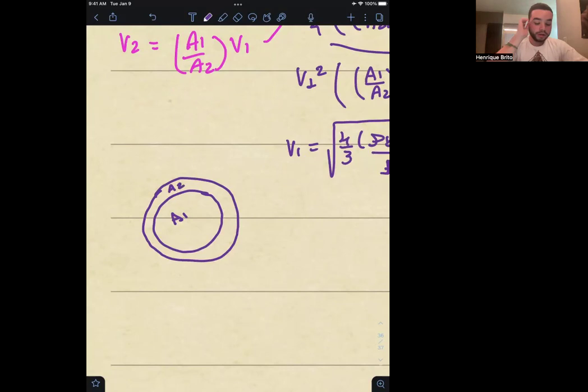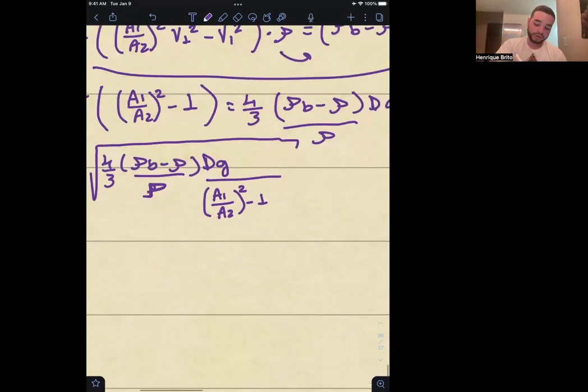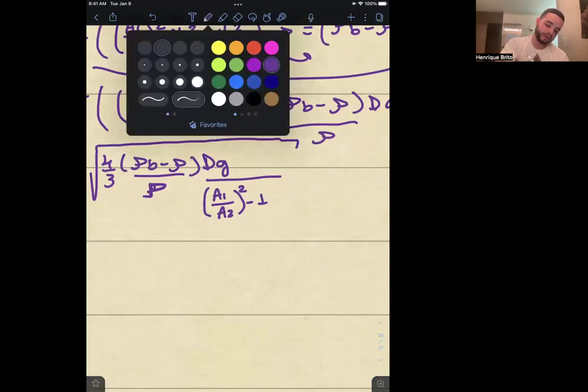So the cross-sectional area of A1 is much bigger than A2. That's what I mean by this, because A2 only has this, whereas A1 has all of this. Whenever we square that, this one is going to become irrelevant. So we can just go ahead and consider this to be 0.